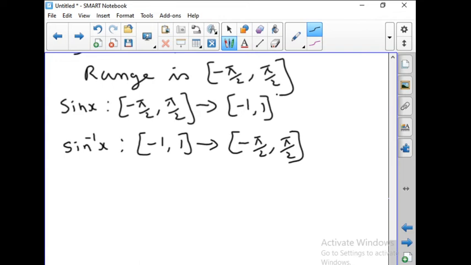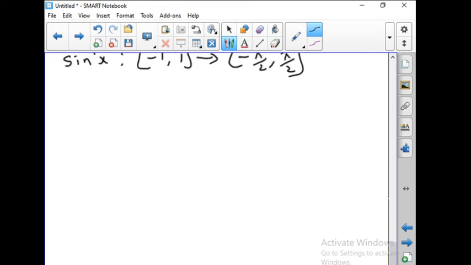So what about the principal domain of sine inverse sin x? Minus pi by 2 comma pi by 2 is called the principal domain of the sine function, and minus 1 to 1 is called the principal value of the function sine inverse of x. From the definition, note that if y is equal to sine inverse of x, then x is equal to sine y.